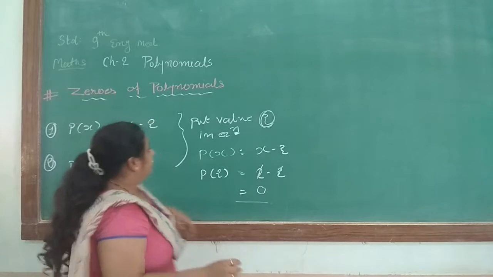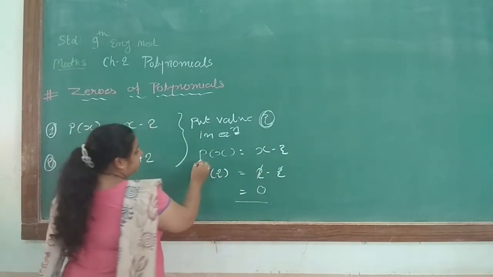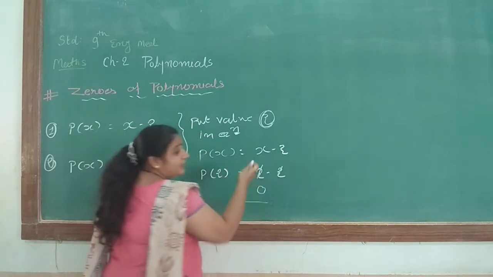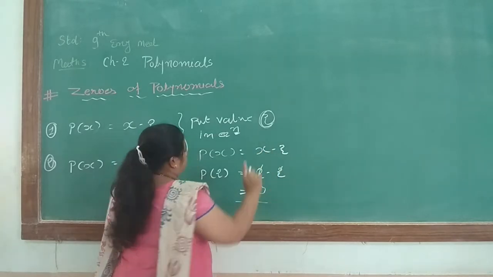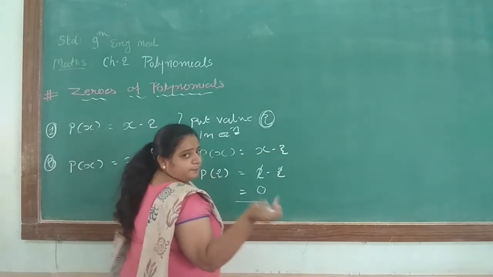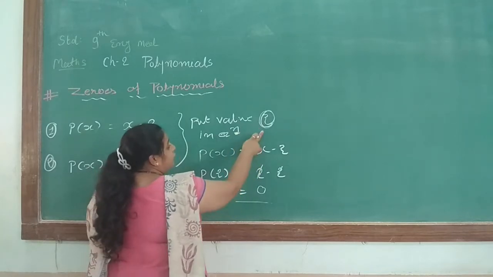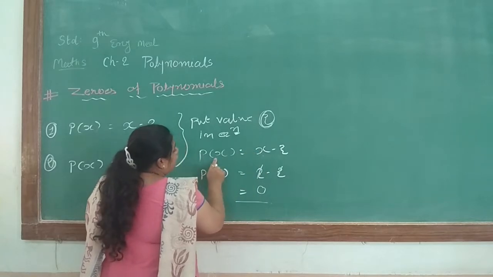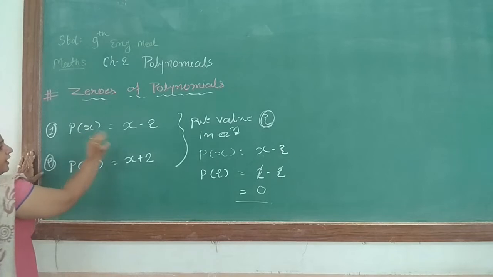Let me repeat it again. One polynomial is there, p of x equals x minus 2. That is our polynomial. It is a linear polynomial because x has 1 degree. Now substitute or put the value 2 in the place of x.